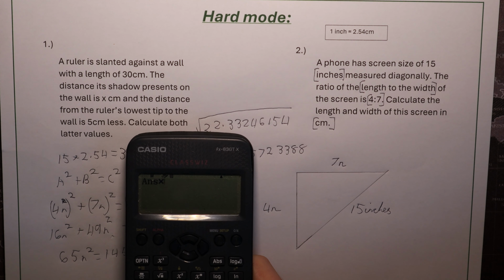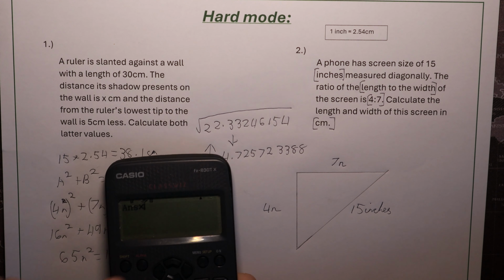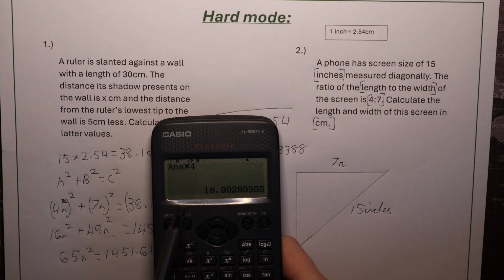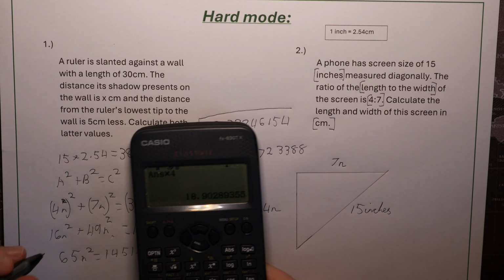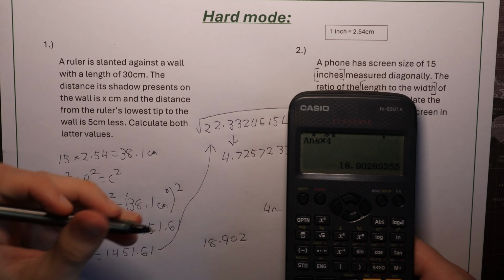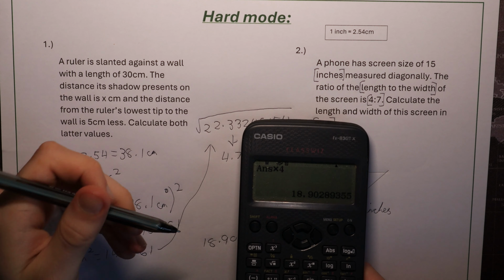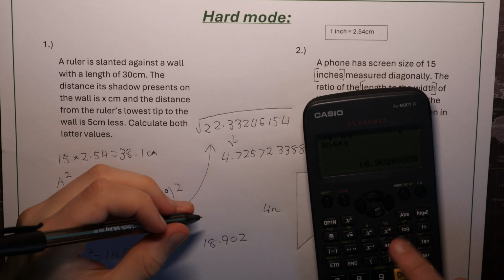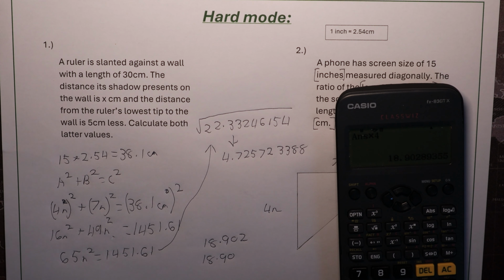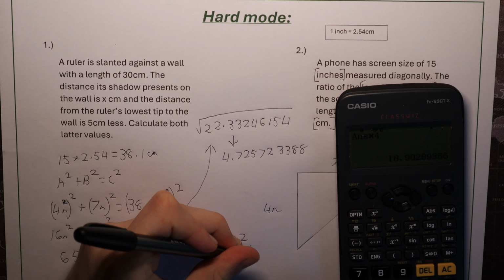To find our length then, we times that scale factor by 4, and we indeed get 18.902. Approximately, obviously we have more digits, but we don't even care about these. Then we put this to 2 decimal places, which is 18.90, which we can then state as length.